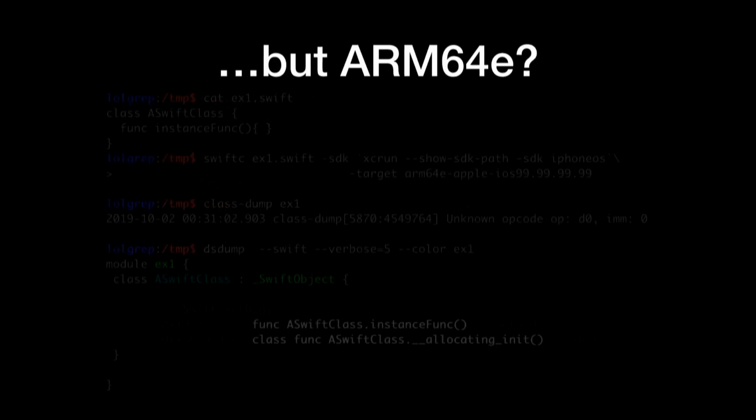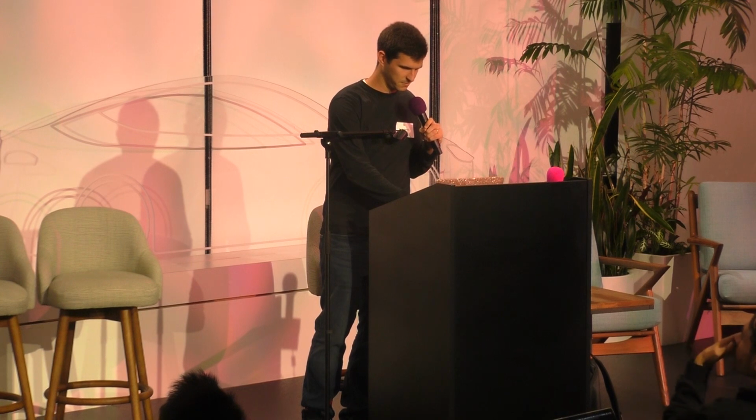Another problem: the latest and greatest, ARM64E on your iPhone XS and above, and soon to be probably your Mac computers in like 2 or 3 years or whatever. Have your file, example1.swift. Compile it, but this time compile it for the iPhone SDK.